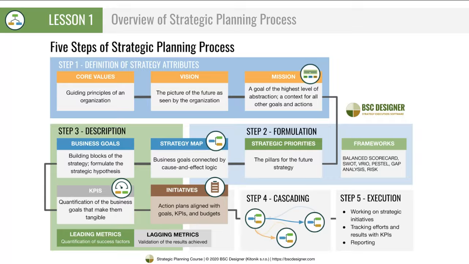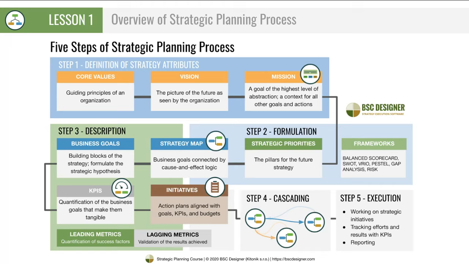The idea behind this diagram was to give our clients a roadmap for strategic planning. We were looking for something that would give a sense to all disconnected ideas and different frameworks in the domain of strategic planning. What's the logic of this diagram? It is divided into 5 steps.